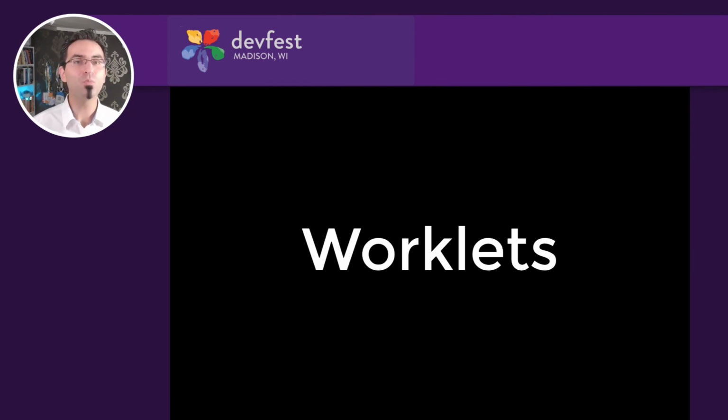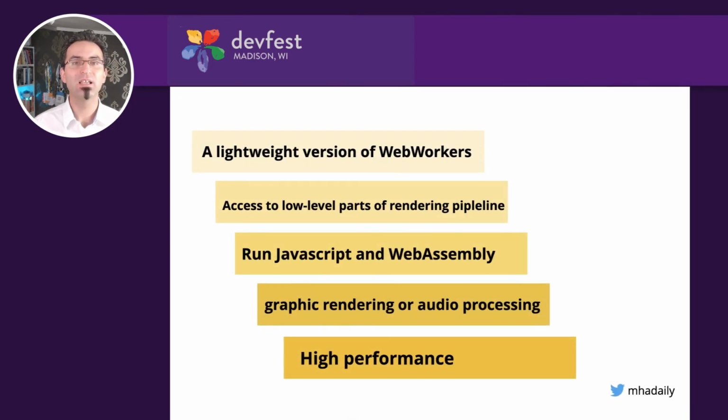These days we have even more new tools. We have new APIs called Worklets. And Worklets are amazing. The reason for that is that Worklets are similar to WebWorkers. You have a different thread, and what it gives us is low-level access to the rendering pipeline, audio or video or graphics.